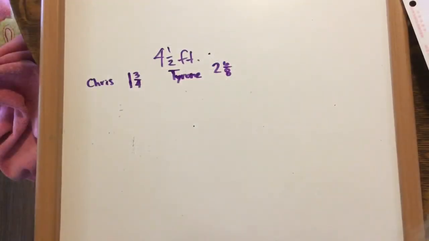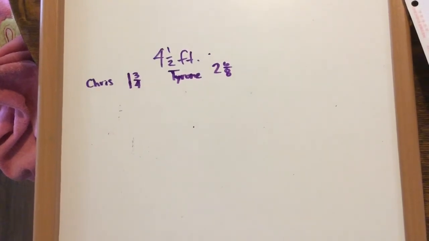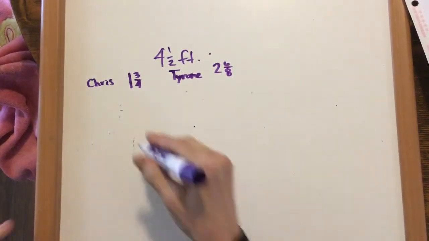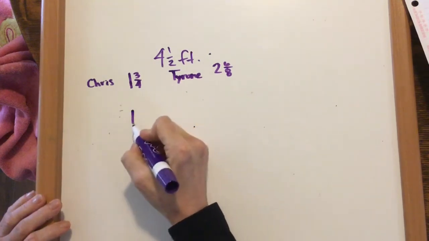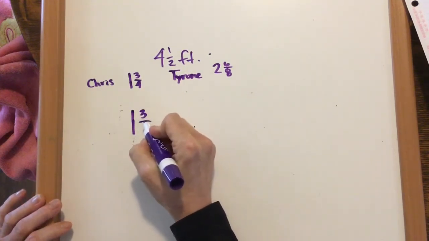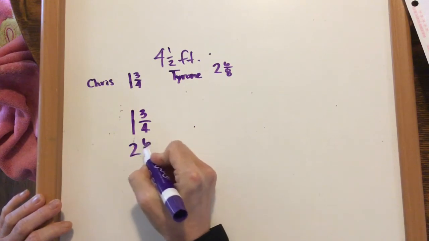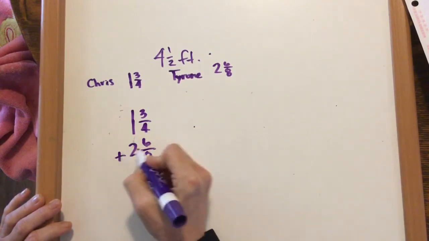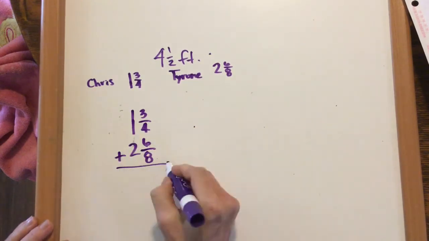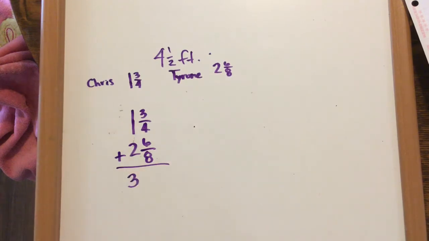So hopefully you got 4.5 feet. Remember, Chris had 1 3/4 and Tyrone had used 2 6/8. So I can add those two together. I do not have like denominators, so at this point all I can do is add the whole number.